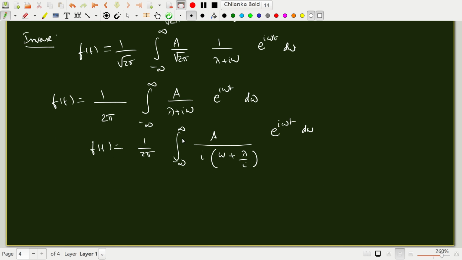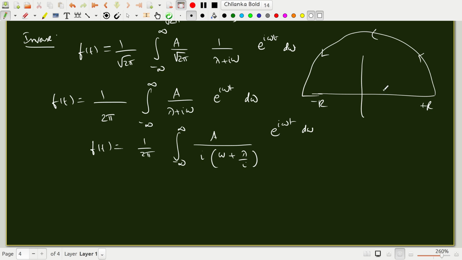Now this has a pole. If I take a contour between minus R and plus R and take a semicircular contour in the upper half plane, where the imaginary part is greater than 0, then this is traversed counterclockwise, right? Now there is only one pole present within the region, right?